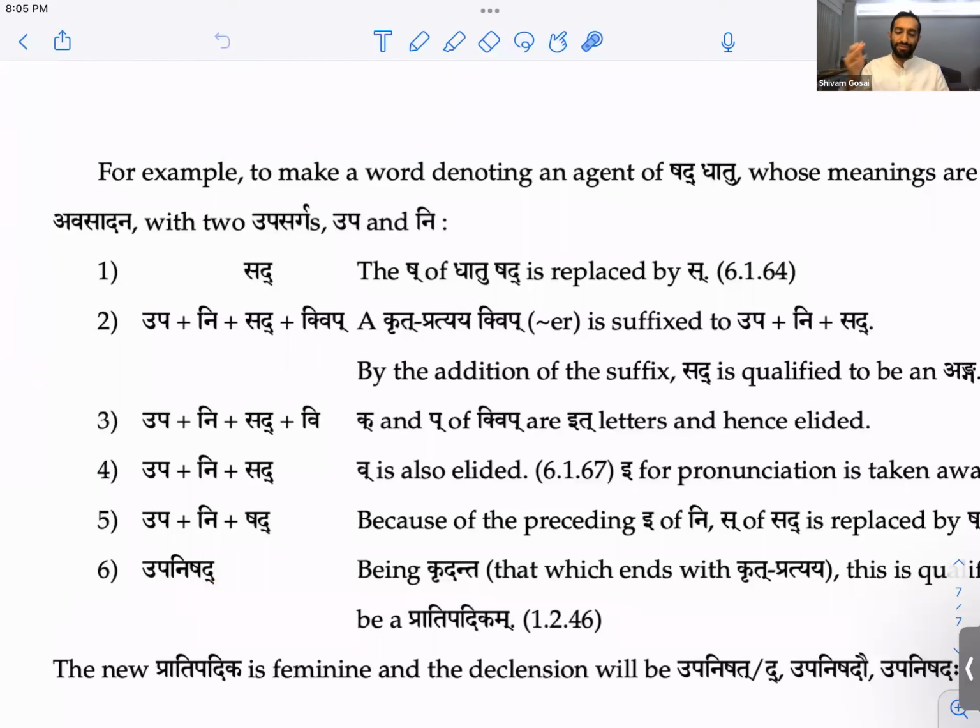Sad has a few meanings. One of them is to destroy. Destroying samsara. So now when I add this kvip, it becomes the destroyer, destroyer of samsara.